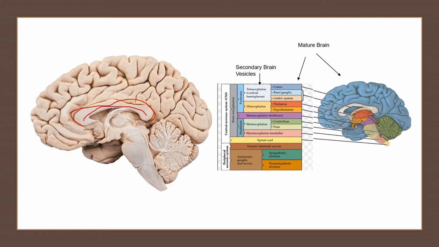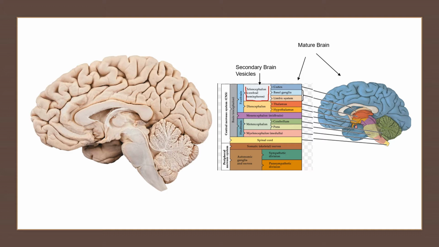All right, really important stuff that we went over previously. Remember the telencephalon, okay? As we can see right here, the telencephalon is the secondary brain vesicle that eventually turns into the cerebral hemispheres, which is your cortex and your basal ganglia and your limbic system.